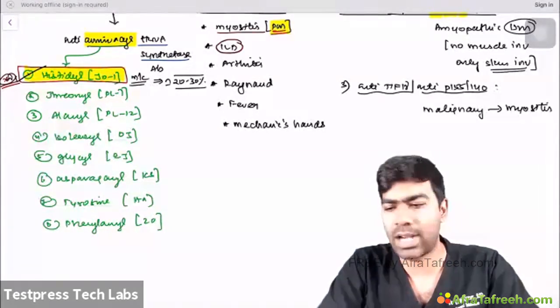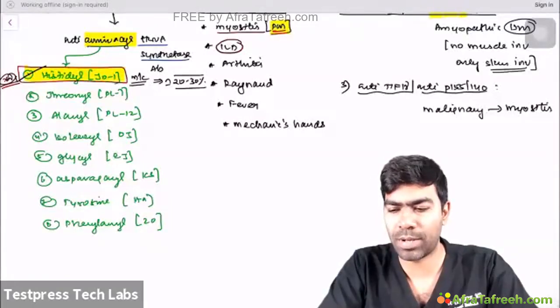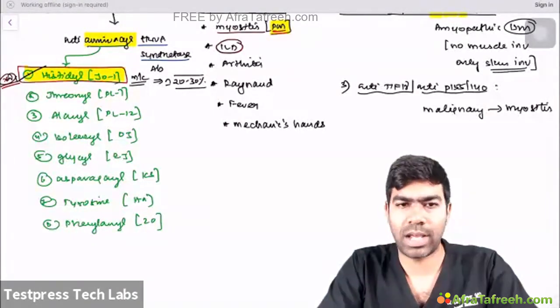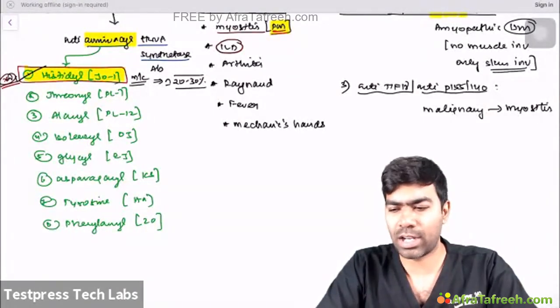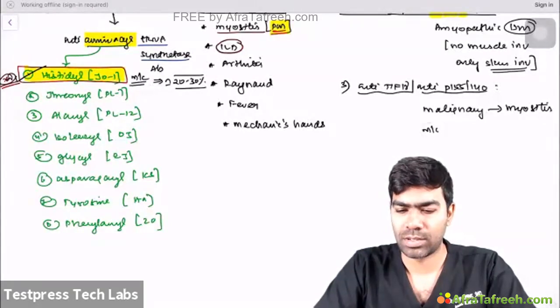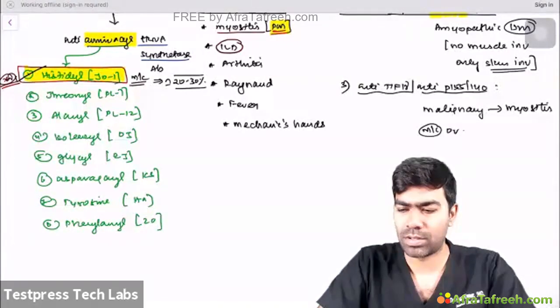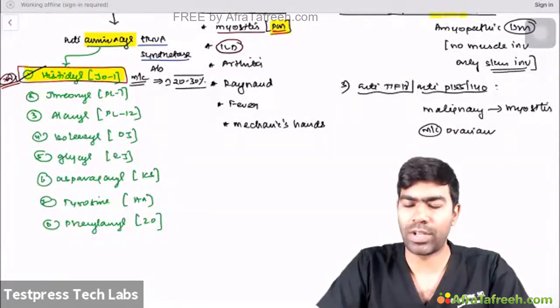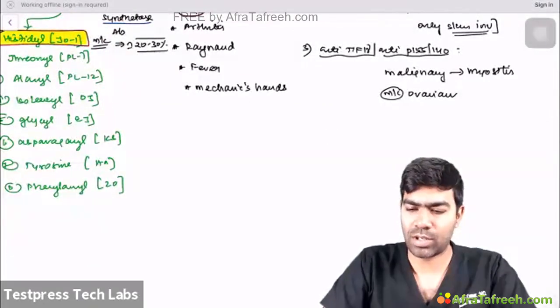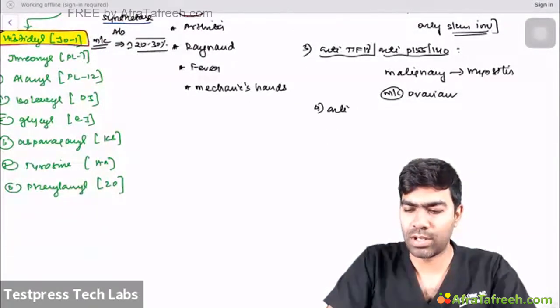If they ask which antibody for malignancy-related myositis, it is anti-TIF1 gamma or anti-P155/140. The most common cancer associated with this kind of myositis is ovarian cancer. Clear?